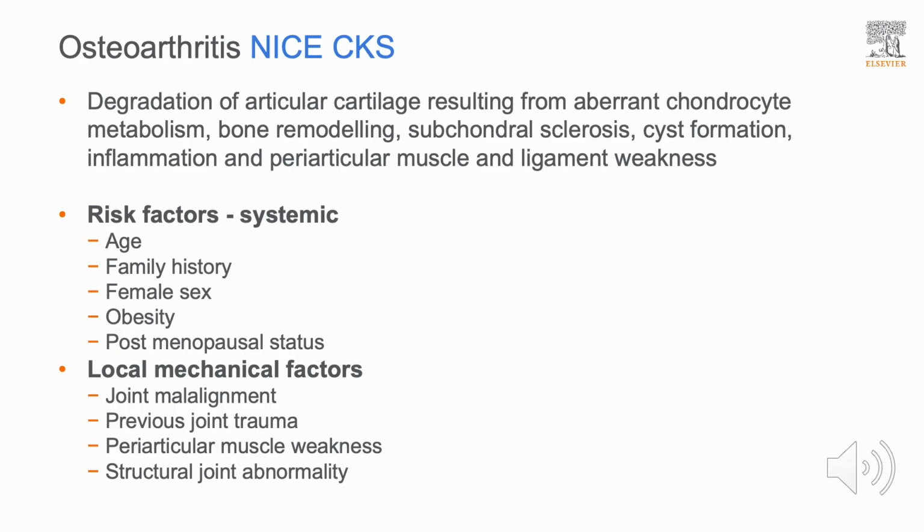There are a range of risk factors, including systemic factors such as age, family history, female sex, obesity, and postmenopausal status, and local mechanical factors, including joint malalignment, a history of joint trauma, periarticular muscle weakness, and structural joint abnormalities, which can all predispose to osteoarthritis development.